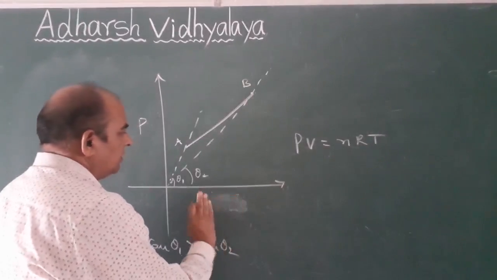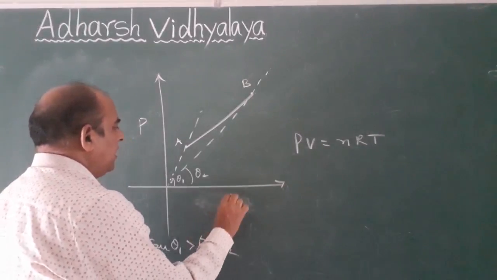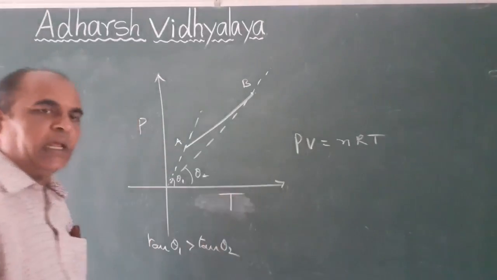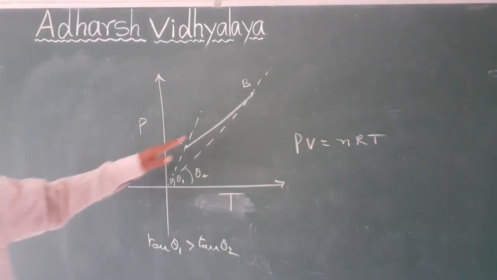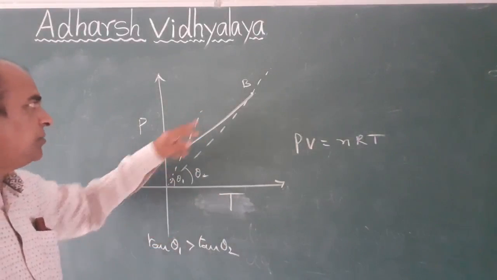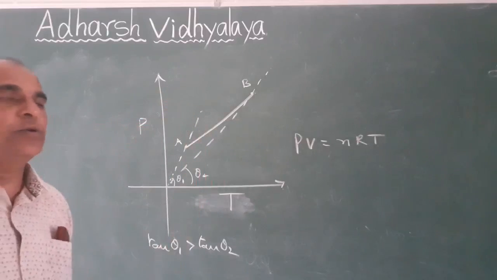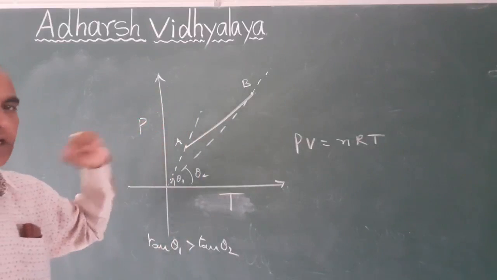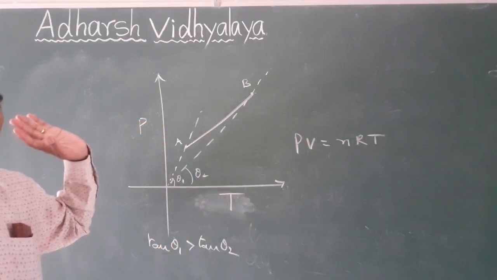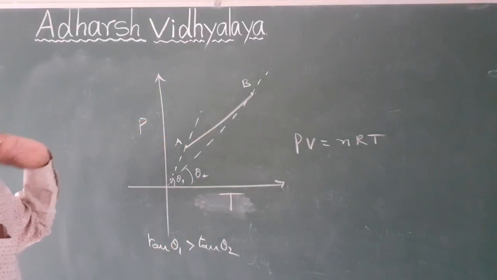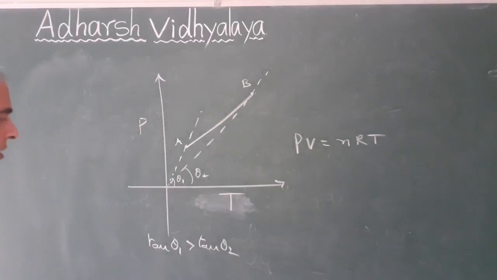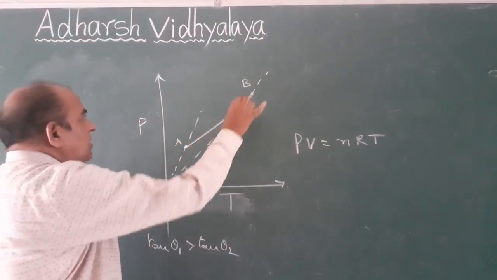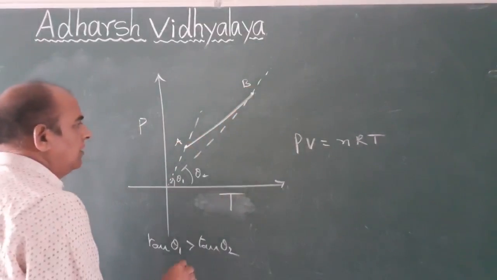So the question is they can give a PT graph like this. So the curve is like this. At which place, what happens to its volume? Volume is either increasing or decreasing, they can ask. So this is the problem. Slope is more at this place, slope is less at this place.